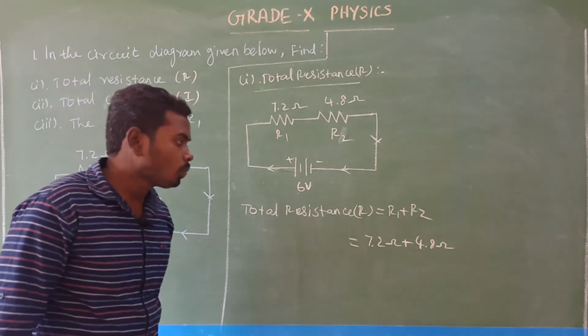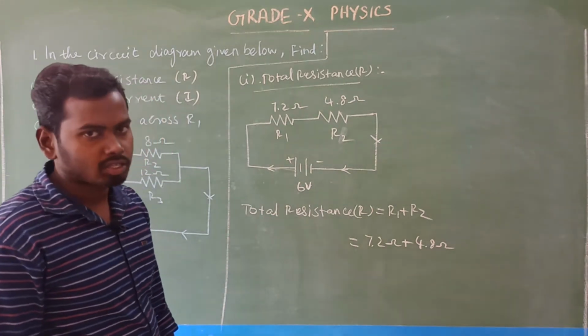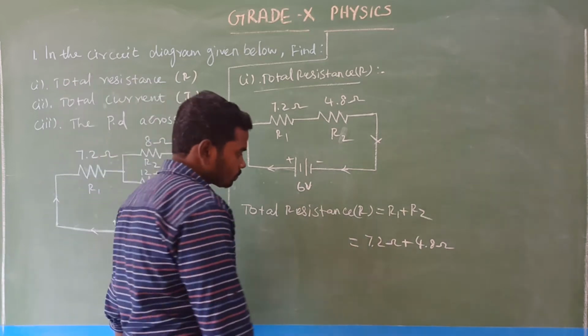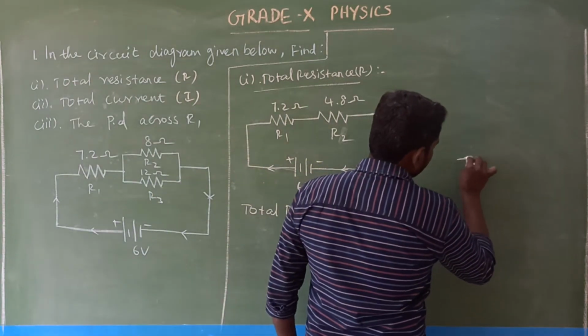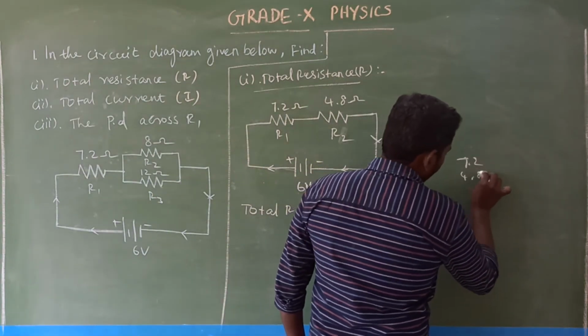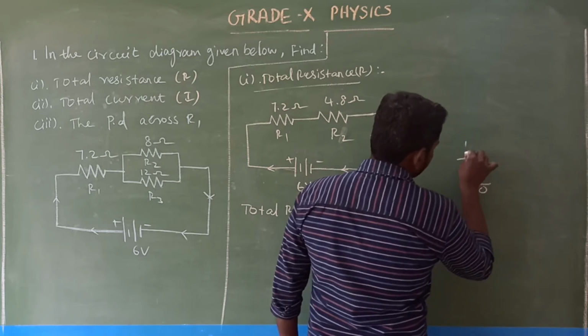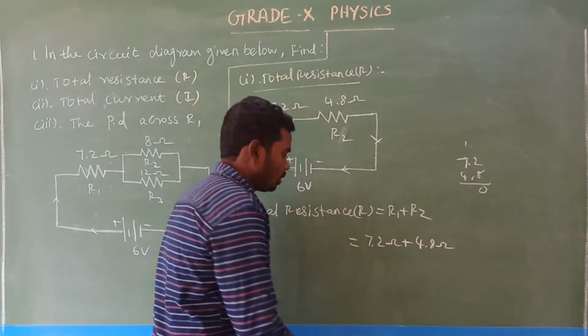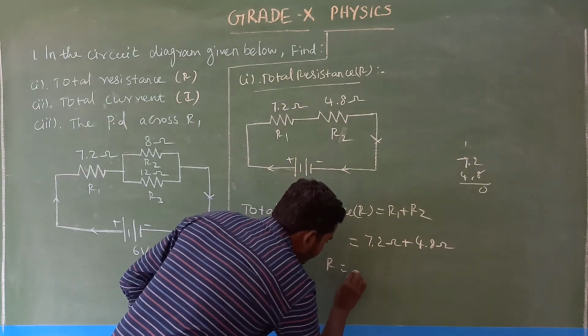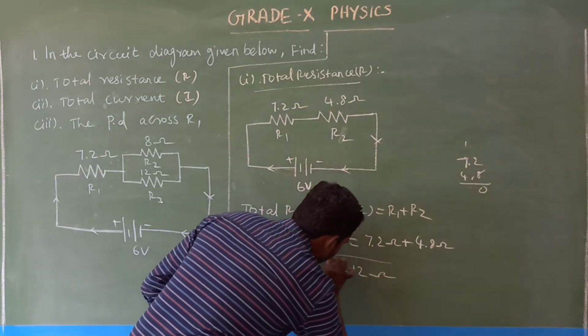So 7.2 plus 4.8 is equal to how much? 12 ohm. If you have doubt, add 7.2 and 4.8: 8 plus 2 is 10, 0, remaining 1, and 8 plus 4 is 12. So the total resistance R is equal to 12 ohm.